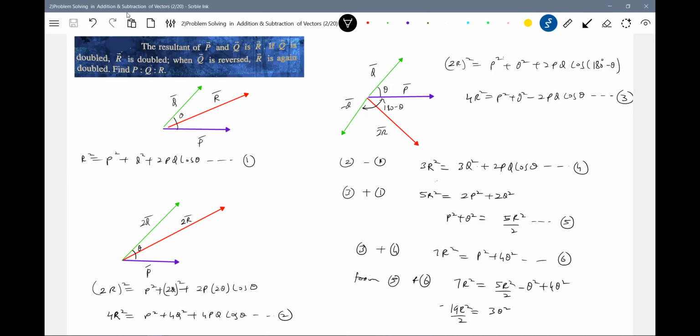I think we have to solve this one, no? Relation between Q and R, we got it. Q square equal to what we get, a root 3 should come, no?